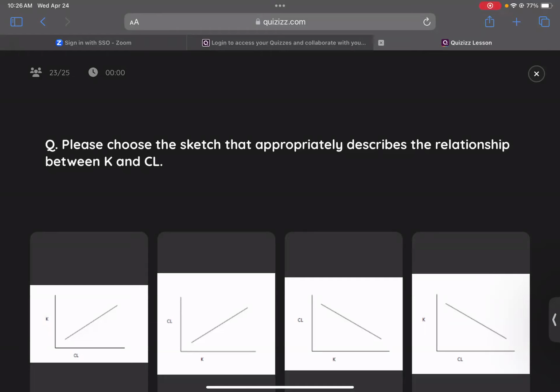K does not determine clearance, right? Even though we do use that equation of clearance being equal to V times K, I want you to understand clearly who's driving the bus and who is not. So that's why I emphasize this.